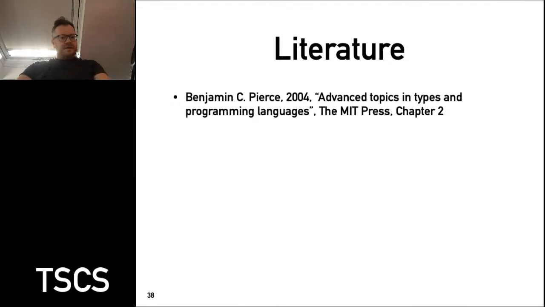Then kind is like a signature for those functions. Can you help me a little bit out with that question? I'm not sure that I understand what you mean with signature. I might just pull up a slide for that maybe.